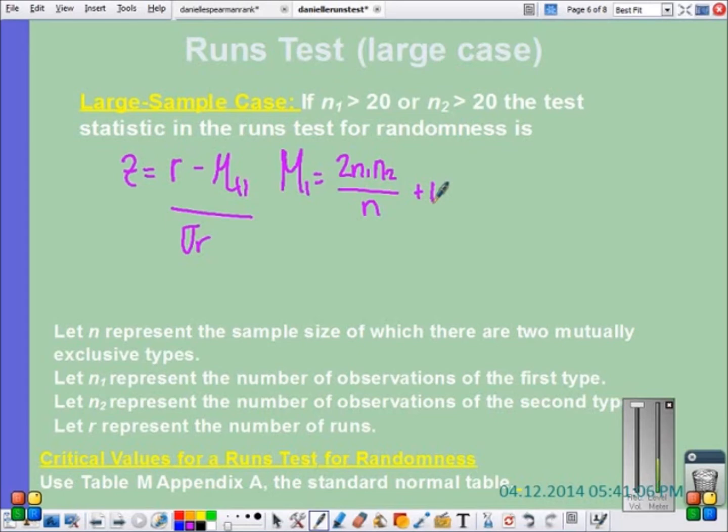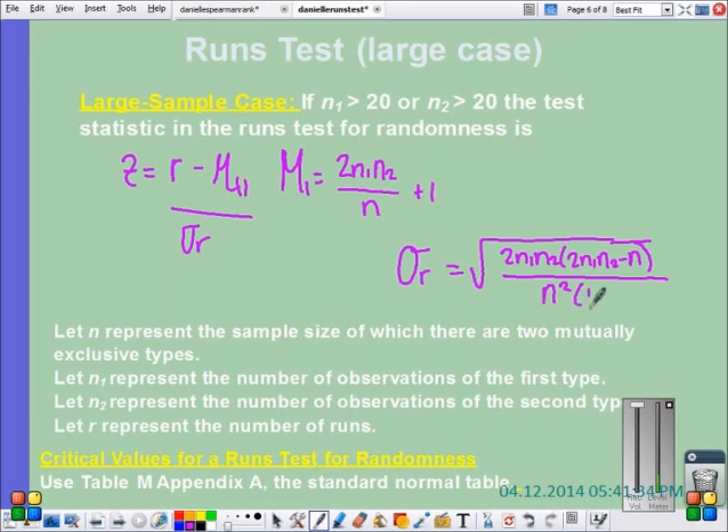Now we have the formula for sigma, which is the standard deviation of the runs, equal to the square root of 2 times n1 times n2 times 2 n1 n2 minus n, divided by n squared times n minus 1.